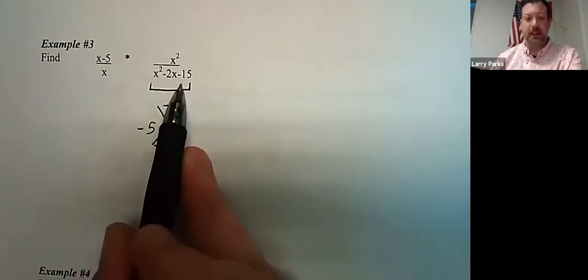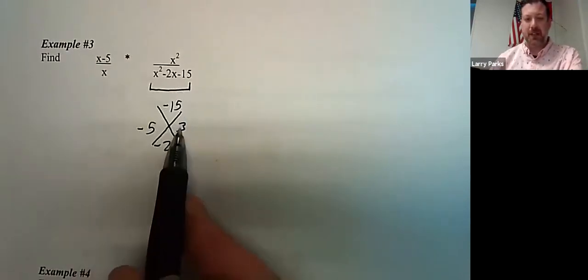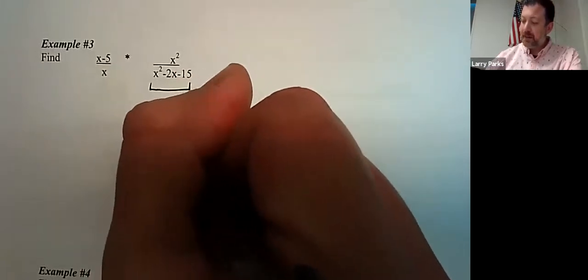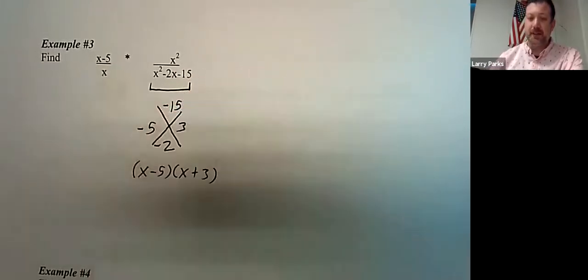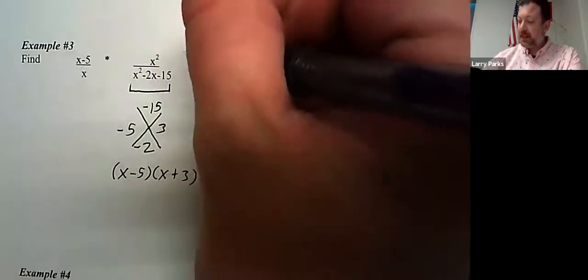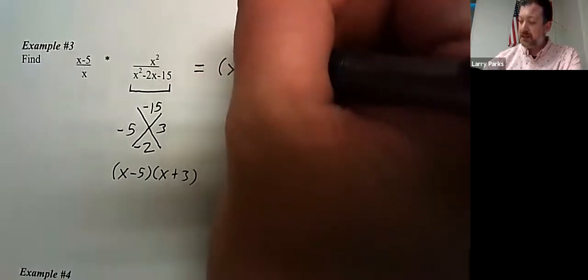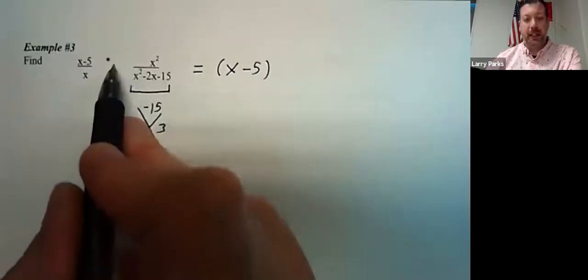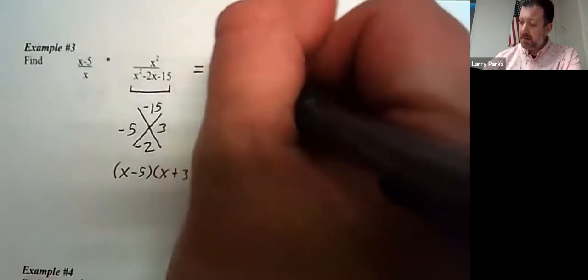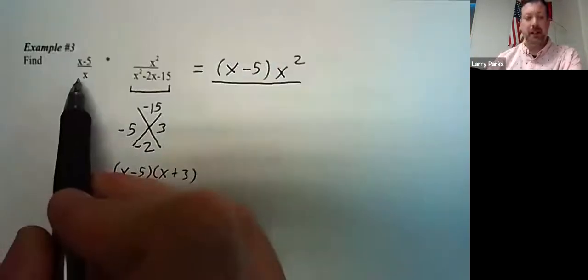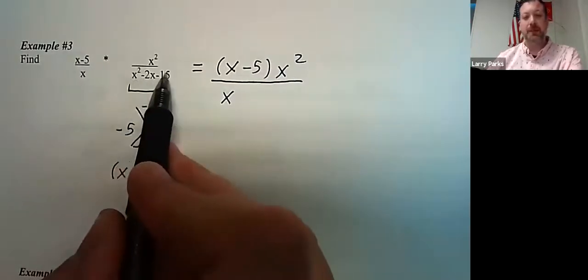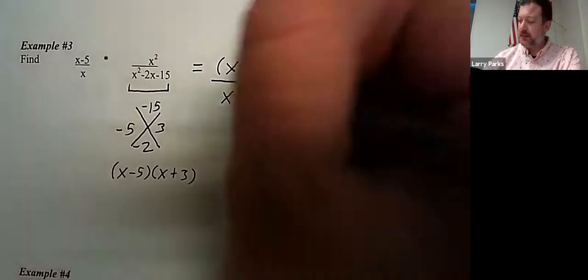So this part here factors into x minus 5, x plus 3. So now when I put all this together, I get x minus 5 times x squared and then I have x over, and this part factors into this.